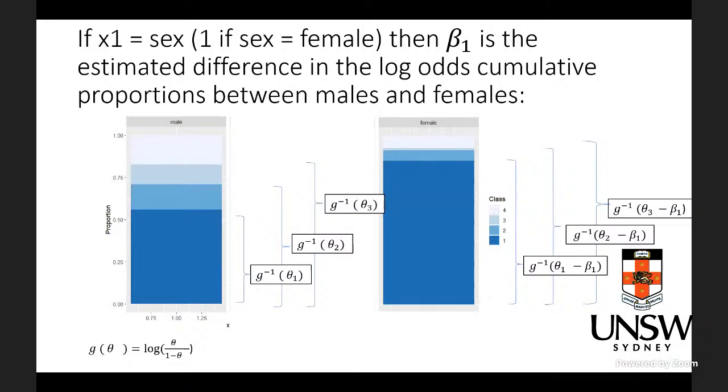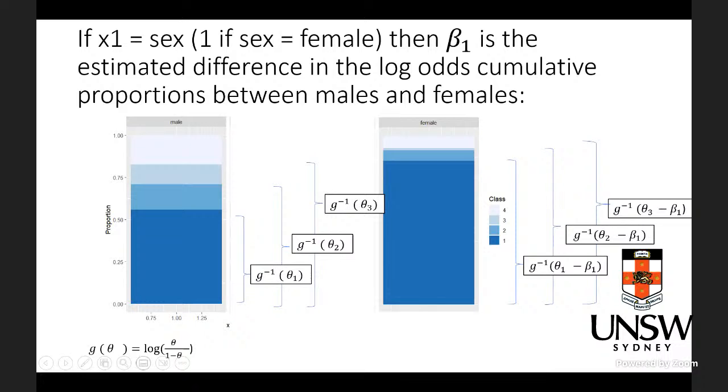To illustrate what beta 1 is doing, if you were looking at the predictor variable sex, which is 1 if female and 0 otherwise, then beta 1 is the estimated difference in the log odds cumulative proportions between males and females.